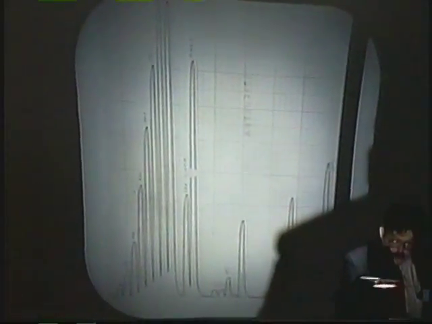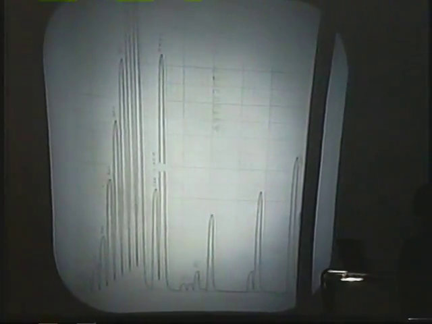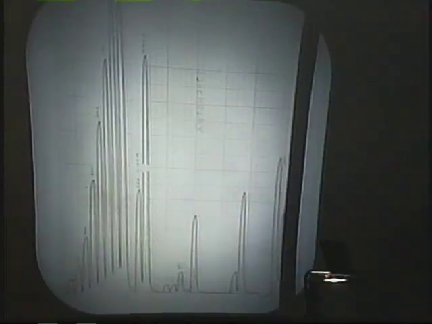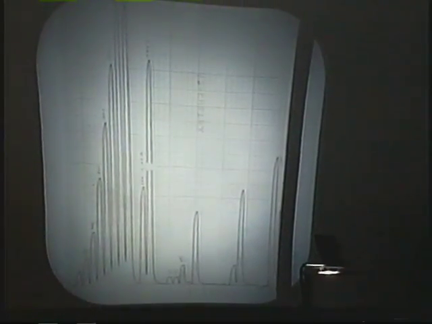And what we do is basically measure the height of a peak, and my next overhead goes to, in this case, we react the standards and the samples with particular other chemicals which cause the formation of a dye.